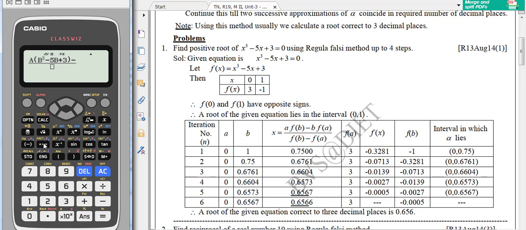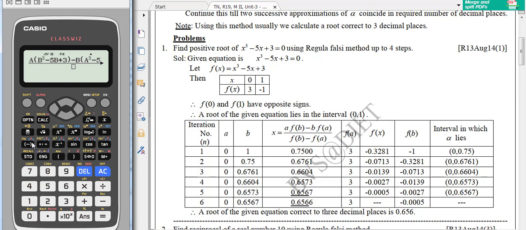And the next term is minus b f of a. To get b, once again press alpha and then b, into f of a. F of x is x cube minus 5x plus 3, so f of a is a cube minus 5a plus 3.